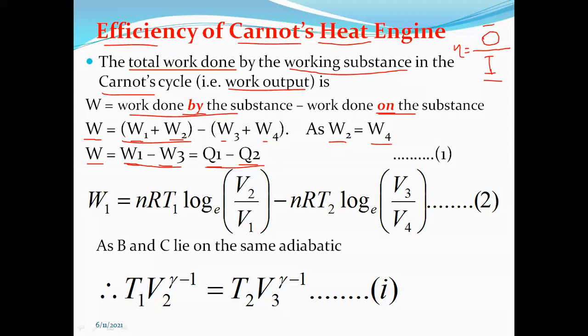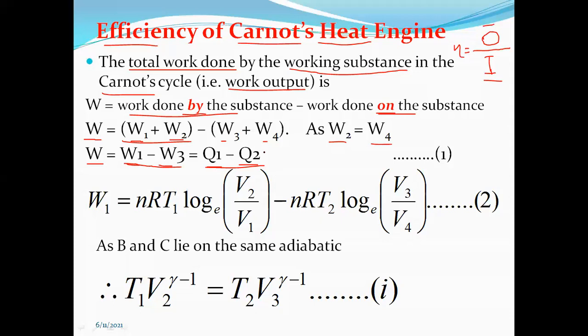Q stands for the amount of heat energy. If it is radiated or supplied by the source, it is Q1, and if you remember, the source has infinite capacity to radiate heat energy. Q2 is the amount of heat absorbed by the sink.